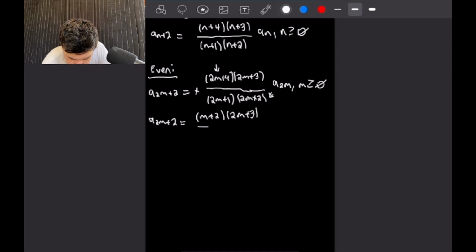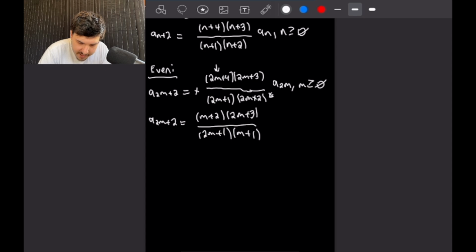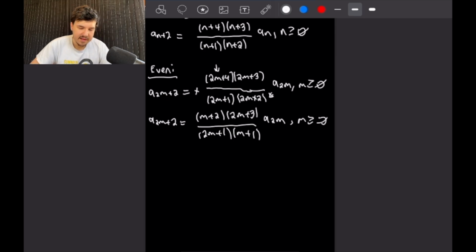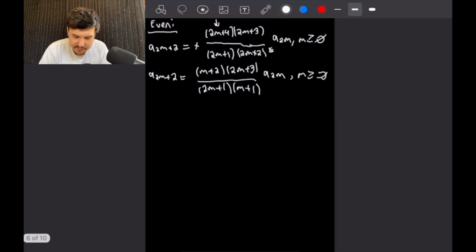And our denominator will be as follows. We will have 2m plus 1 times, with that 2 taken out, just an m plus 1. Great. And that will still be times a sub 2m for m greater than or equal to 0. And so just like the last time, we want to go ahead and calculate some coefficients to figure out what the general form of this is.